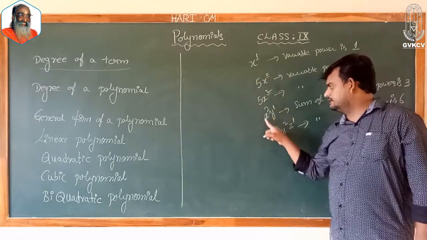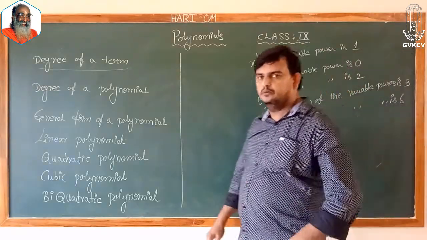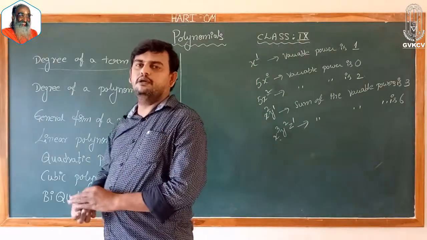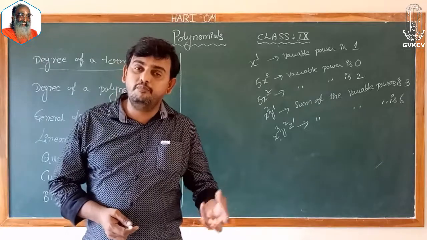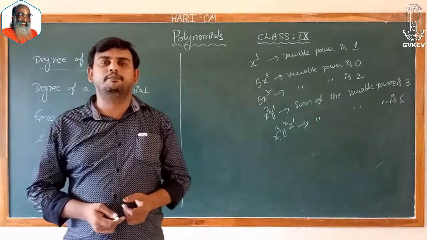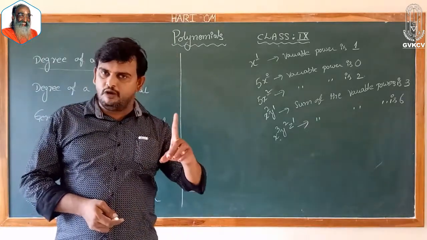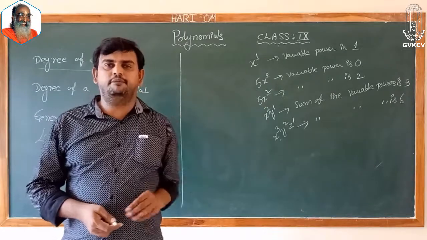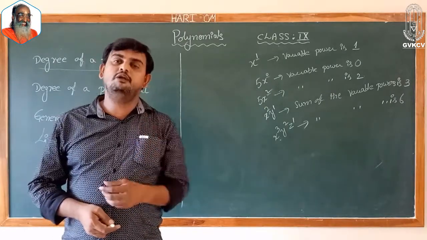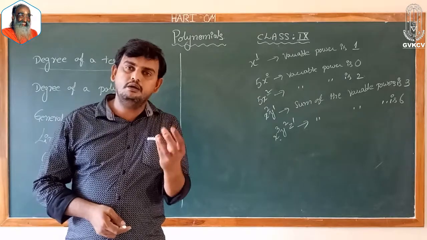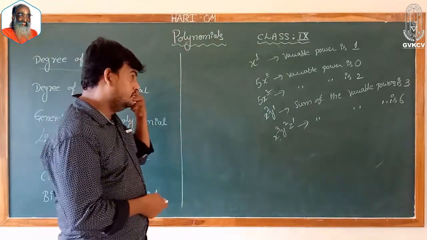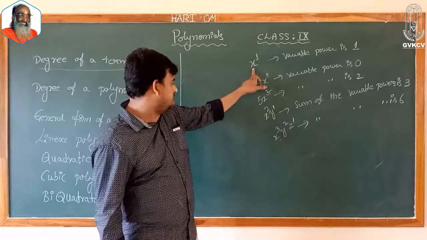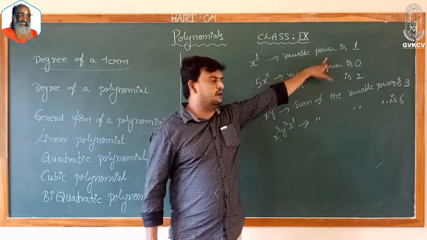Now in all these terms, what are we considering? We are considering the variable power or the sum of the powers of the variables. If you have only one variable, we consider its power. If you have more than one variable, we consider the sum of the powers of the variables. So here I have only one variable x, its power is 1.